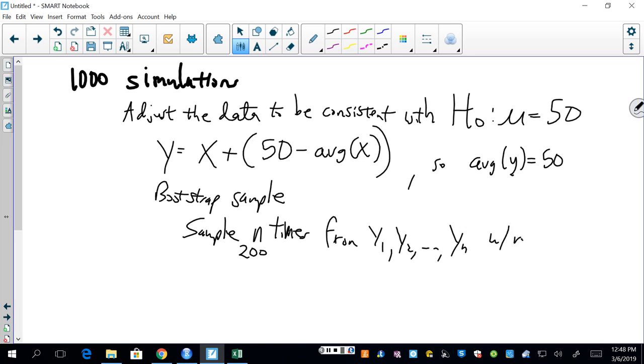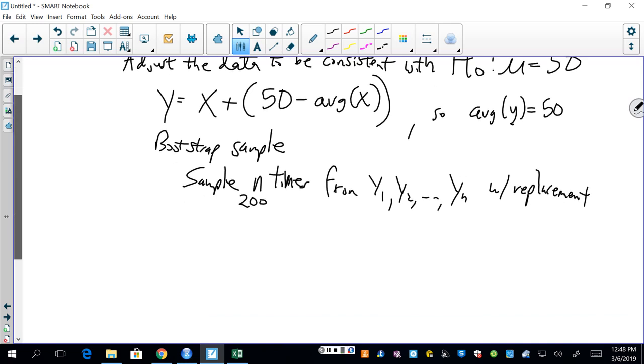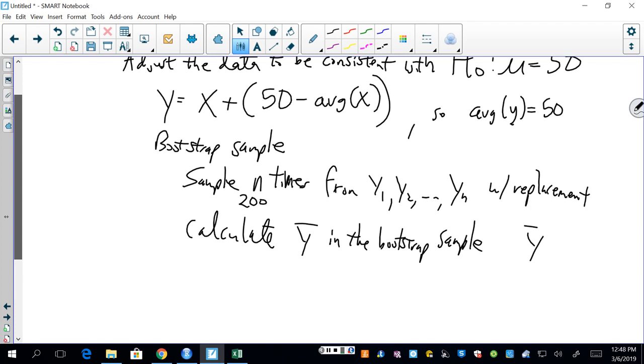That was sampling with replacement so that we get a little bit of variability in there. And we calculate the y bar in the bootstrap sample. Say we call it y bar b for the b-th bootstrap sample. In the other things, I put a star on there to indicate it was simulated, artificial data.